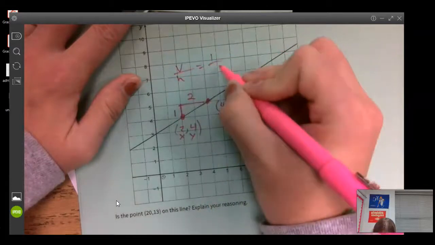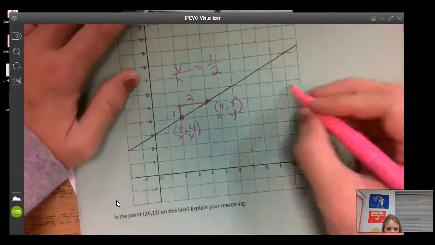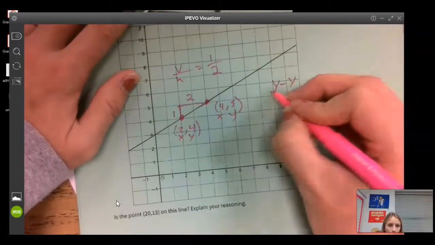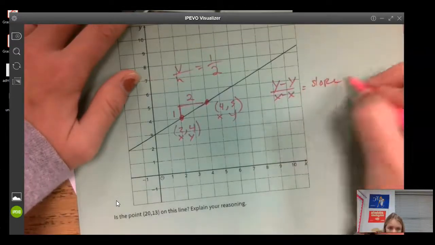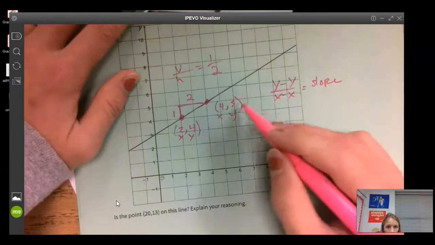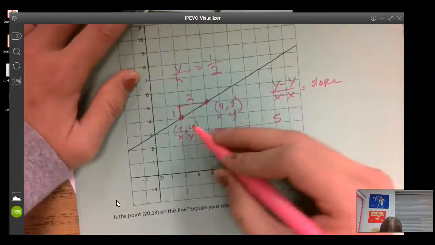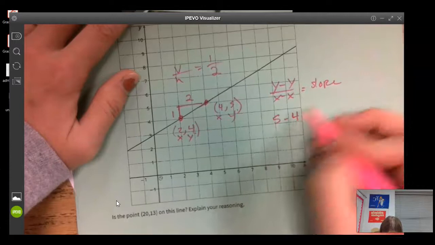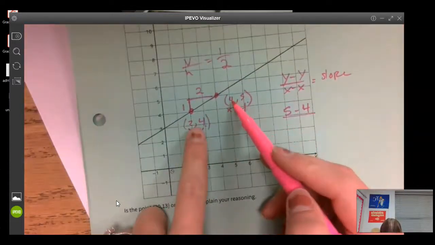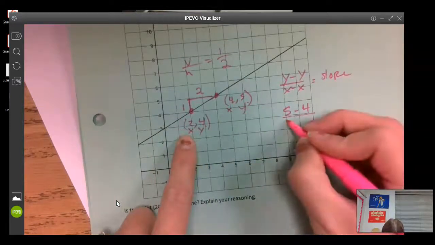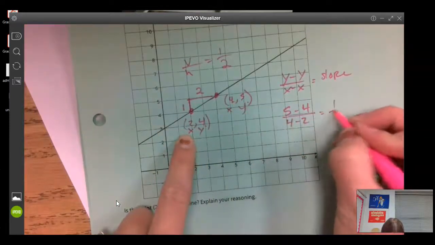My vertical is 1, my horizontal is 2. So y minus y over x minus x equals slope. So y, 5, minus my other y, 4, equals my slope. Let's just double check. X minus x.